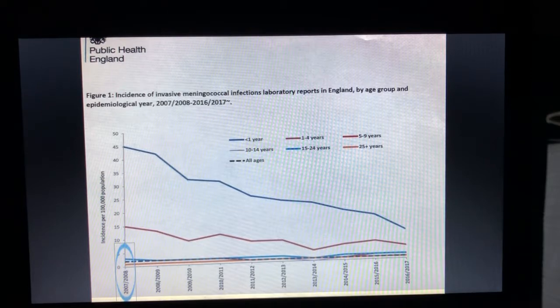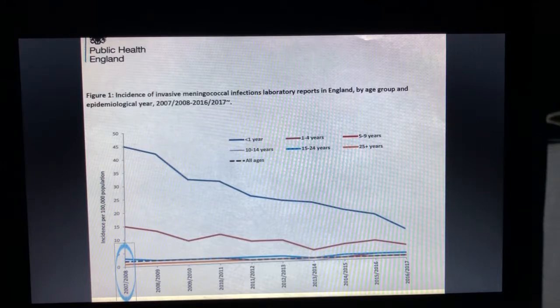The reason I've drawn a circle around 2007-8 is because that was the year up until which the evidence that went into making the 2010 NICE guideline was reviewed, and at that time the incidence, as you can see, compared to now, was significantly higher.